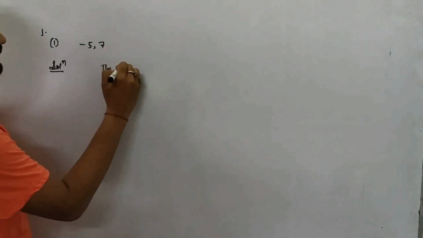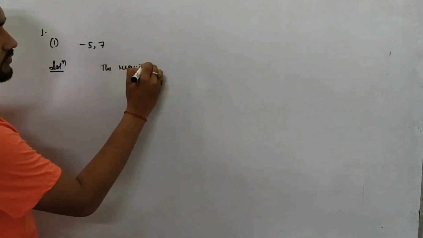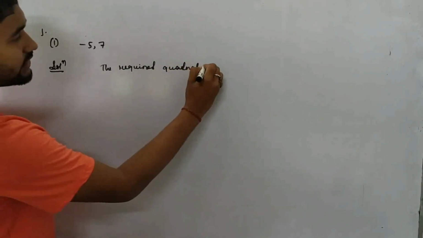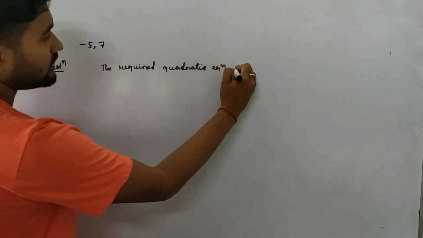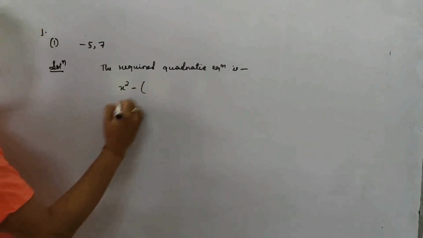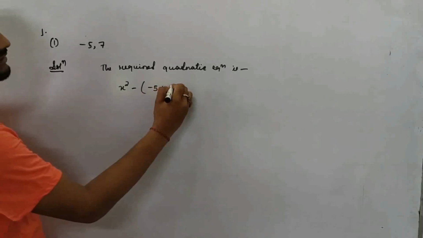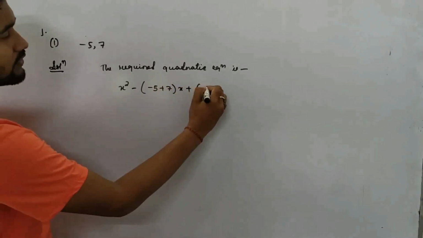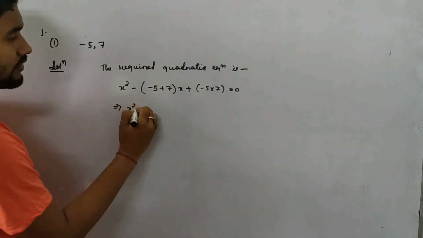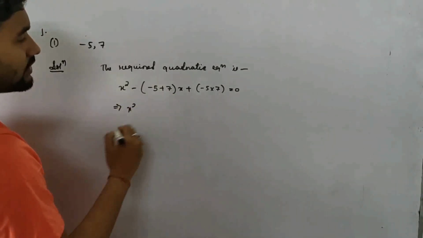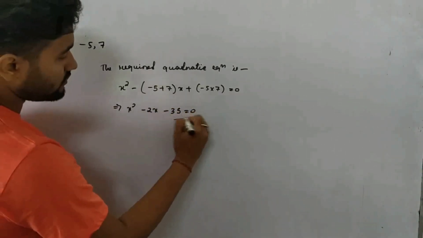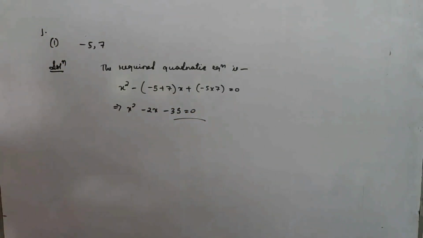The required quadratic equation is directly you can do x square minus sum of the roots, that is minus 5 plus 7, x plus product of the roots is equal to 0, which implies x square minus 2x minus 35 is equal to 0. So this is the quadratic equation.